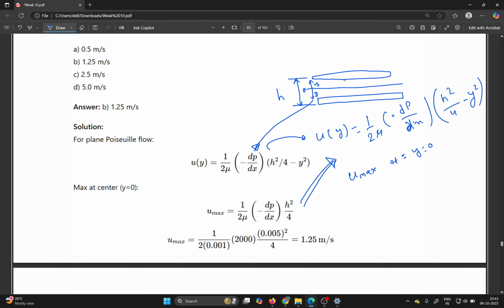You can also assume y varying from plate to plate and derive the formula accordingly. So at y equal to 0 the velocity will be maximum, because at the plate your velocity will be 0 because of the no-slip condition. As you move away from the plate, your velocity increases. That's why here you will get the maximum velocity.